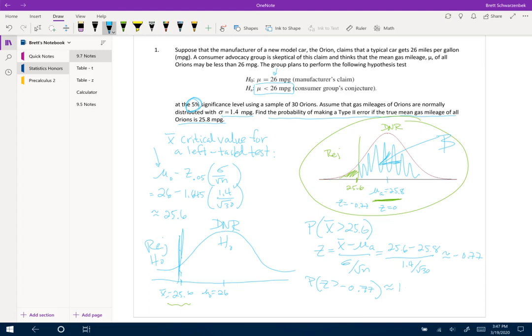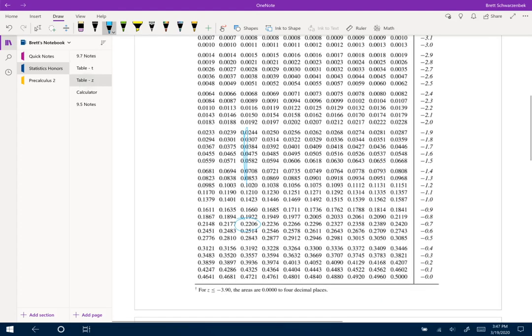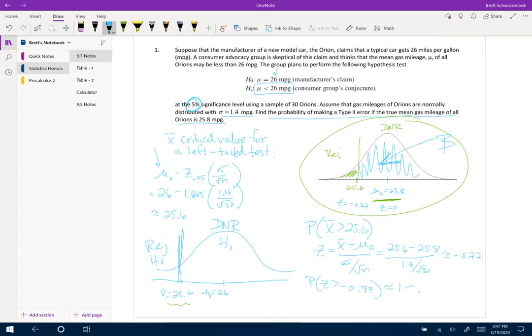So we have to do 1 minus our 0.2206, and that is going to give us approximately 0.7794. Okay, so this is going to be our value of beta, which is the probability of a type 2 error.